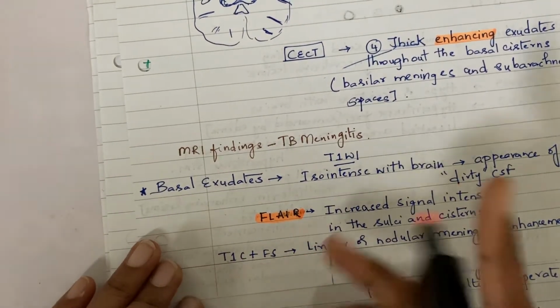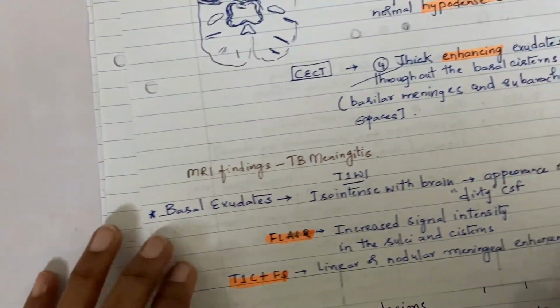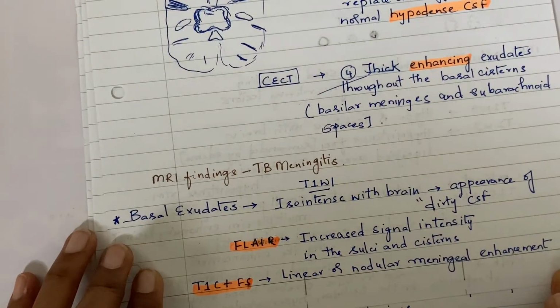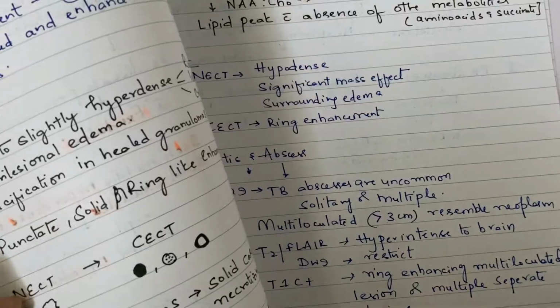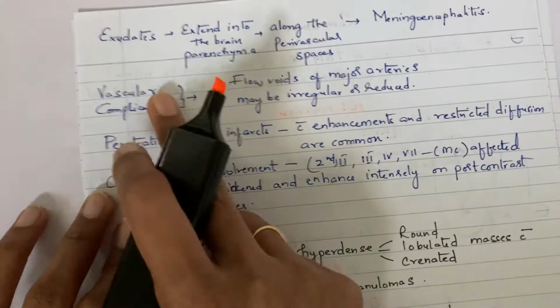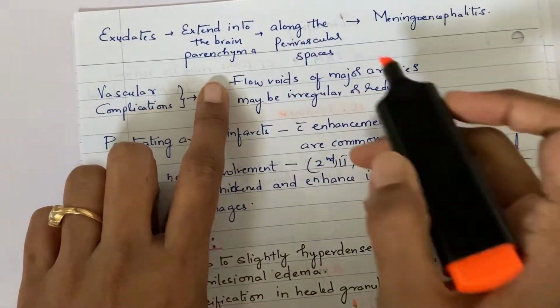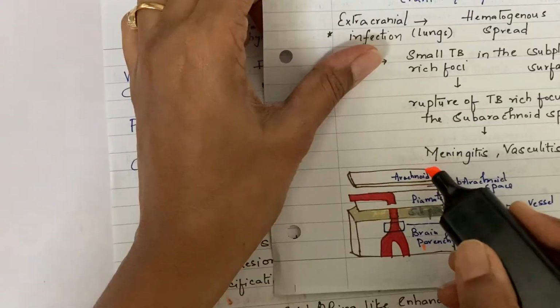Then once you give the contrast, on T1 contrast with fat suppression, there will be linear nodular meningeal enhancement. How is the enhancement? Linear and nodular. Then these exudates extend into the brain parenchyma along what? Perivascular spaces. I told you, right?